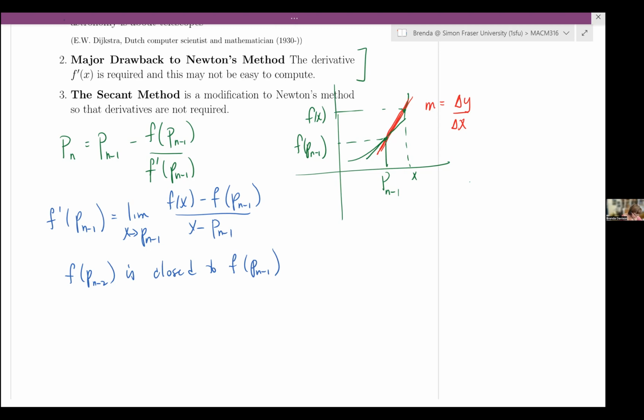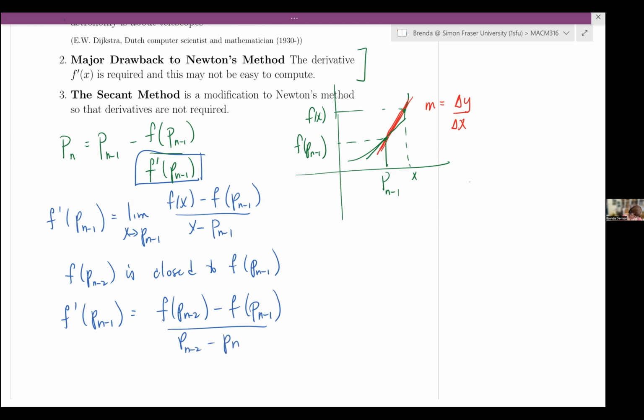What we want to do is get rid of the derivative out of Newton's method. So we're going to say that f prime of Pn minus 1 is approximated by f of Pn minus 1 minus f of Pn minus 2, over Pn minus 1 minus Pn minus 2. We have already evaluated f of Pn minus 2 from the previous iteration, and we're already evaluating f of Pn minus 1 during this one, so we have just one additional calculation, subtracting those 2 numbers.